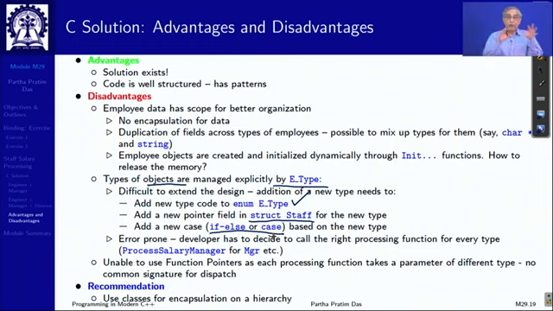And if we have the releasing function, we will have yet another switch to deal with. If all of these are not correctly done in every case of addition of a type, we are going to get into severe problems. So, this makes the developer decide to call the right processing function for every type. All of these will need a lot of development care. Right? So, that is going to be a serious drawback for this design.